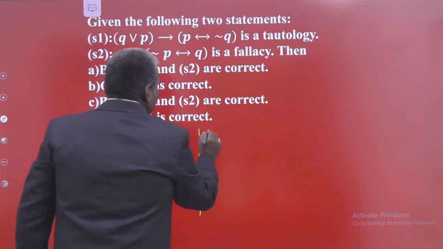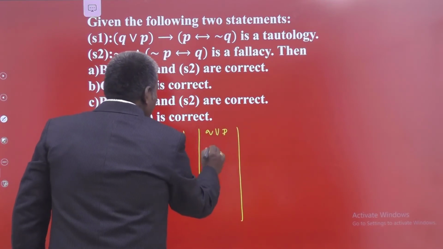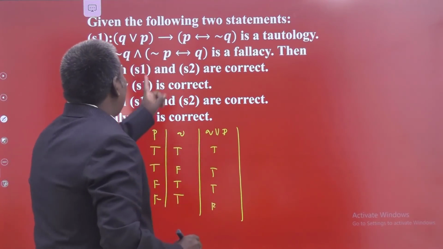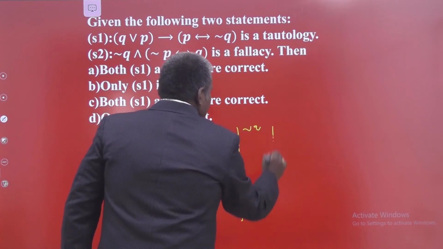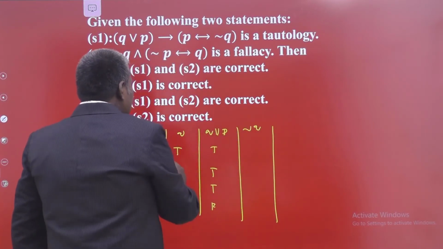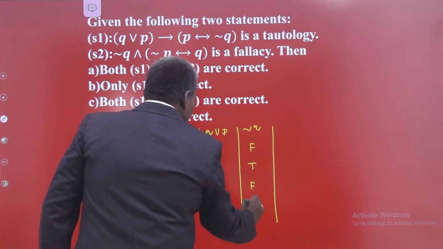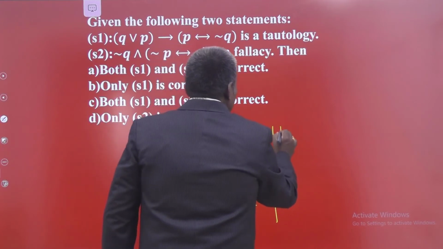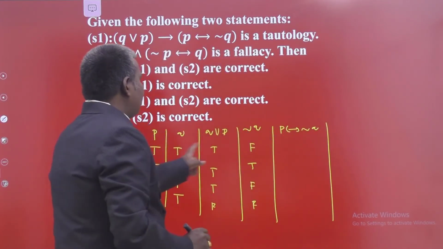Q ∨ P is nothing but P ∨ Q: true, true, true, false. Then go for the negation of Q: false, true, false, true. Now P ↔ ¬Q I am going to write.